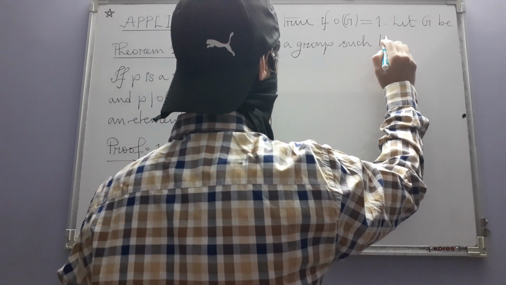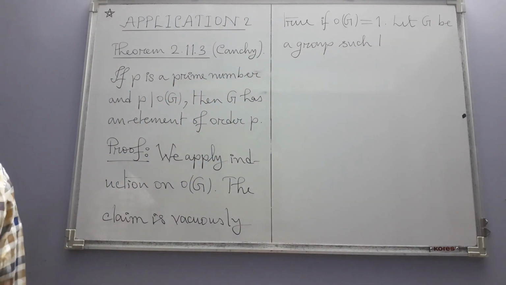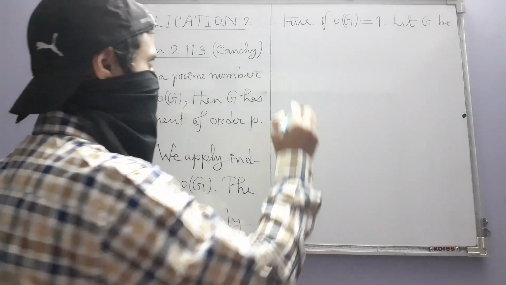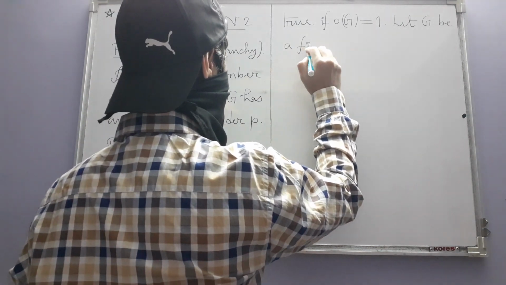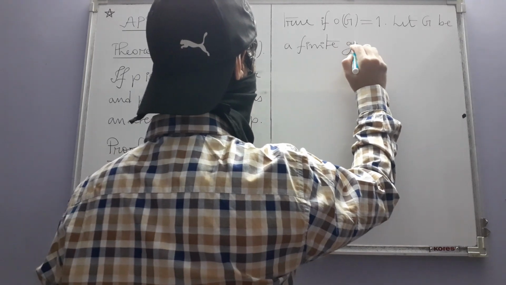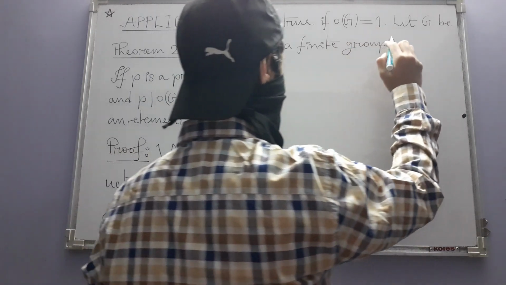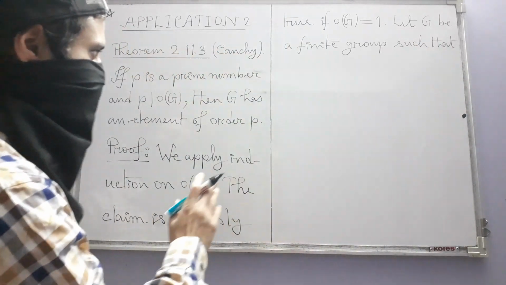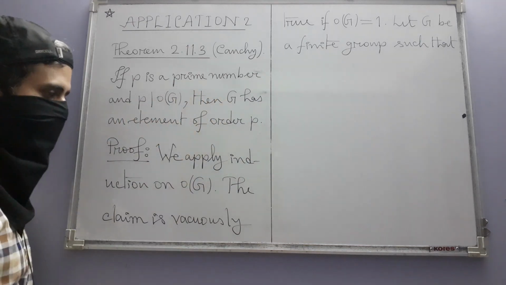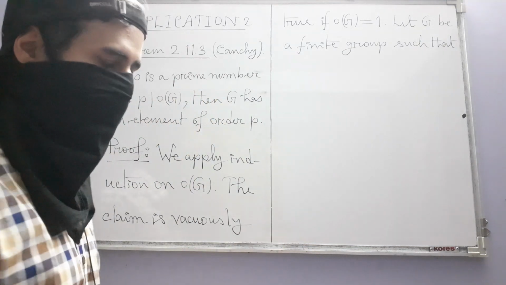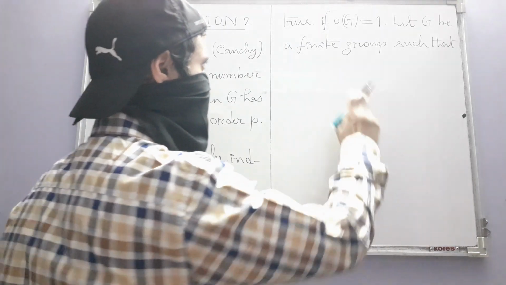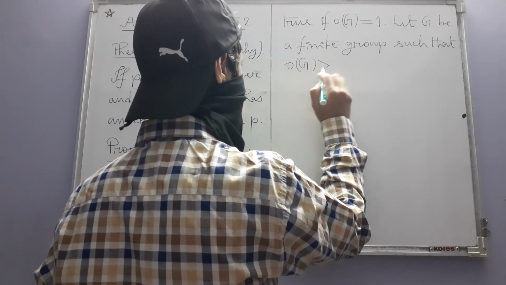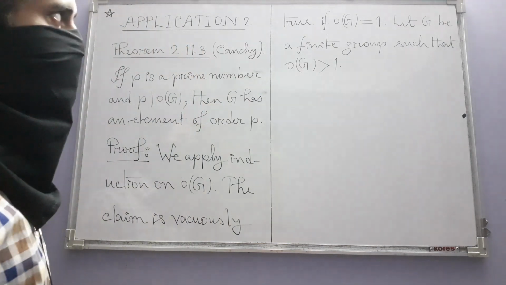Let G be a finite group such that, although these things are not mentioned here explicitly, you understand that in the scope of this discussion G is finite, such that the order of G is greater than 1.